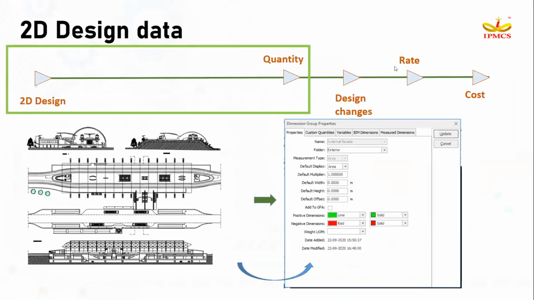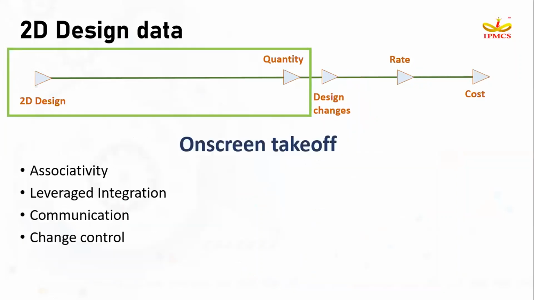Let's take again the 2D design data. The extraction of quantity from 2D design is made easier just by creating a template for the quantity takeoff with customized formulas. The method we use here in Costex for quantity takeoff is called the on-screen takeoff method. When we use the on-screen takeoff method, it increases the associativity. Associativity is nothing but the linking or the bond between the quantities and the drawing.